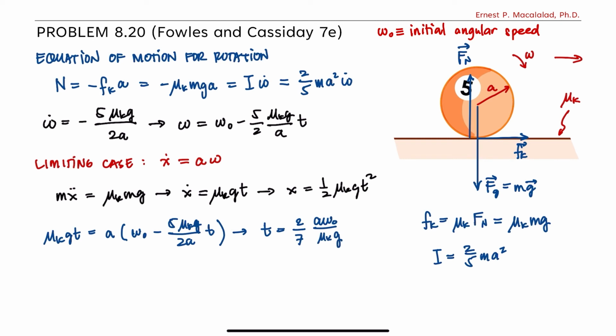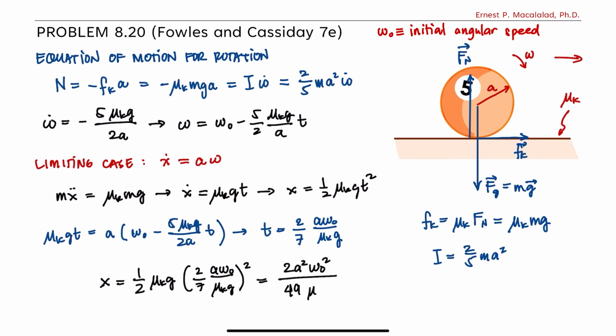And finally, substituting this here, we now have our final expression for the distance, and that is equal to 1/2 mu k g times 2 over 7 times a omega naught over mu k g, squared. Simplifying this, we now have 2a squared omega naught squared over 49 times mu k g. And this is the distance that the ball travels before the slipping ceases to occur.